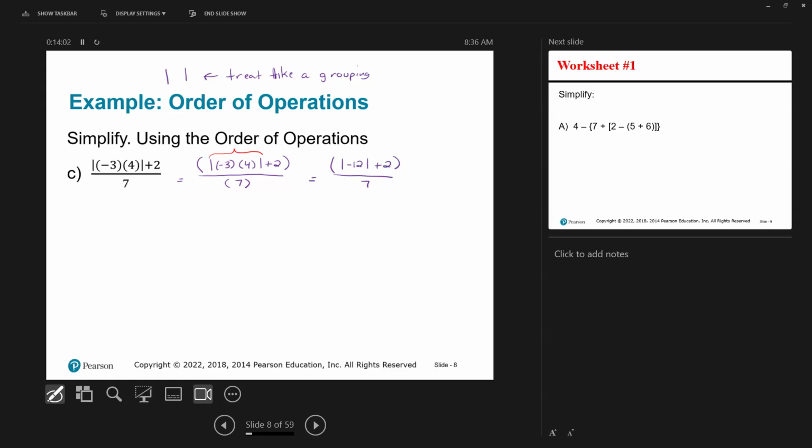So I'm going to drop the parentheses on the 7 because we don't need them. Then we're going to say absolute value of -12 is just 12 plus 2. Now we have to deal with the grouping that's on the top. So that is 12 plus 2, 14 divided by 7. And 14 divided by 7 is going to leave me with 2. So this one's just all groupings.